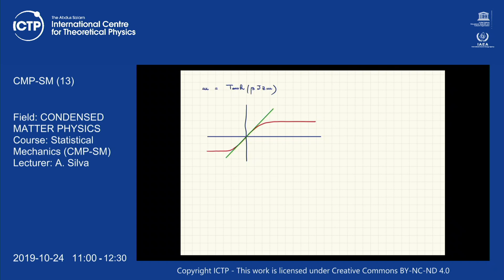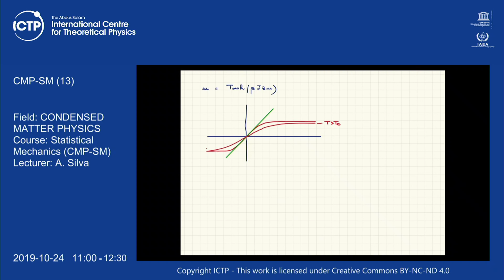You see that if t is greater than Tc, then this coefficient is smaller than 1, and therefore you have a tangent hyperbolic that will look like this one. Sorry. If this happens, therefore t is greater than Tc, you have only one solution at m equals 0.